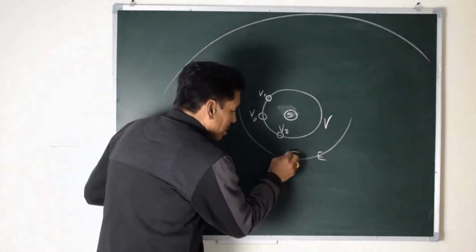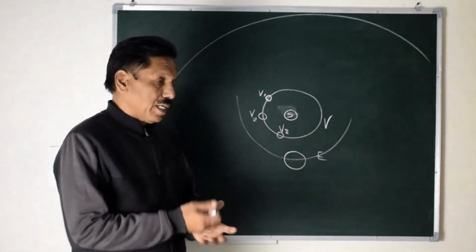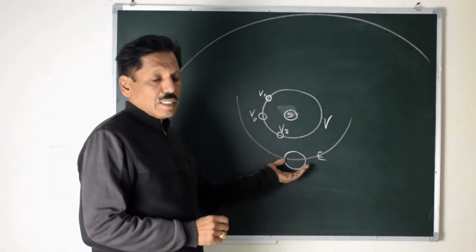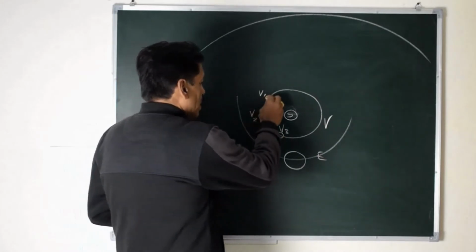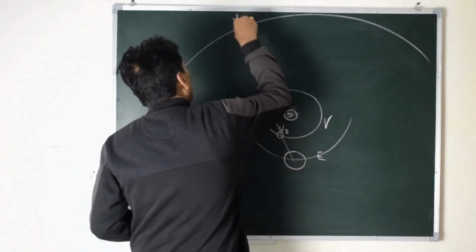Because Venus is an inferior planet, the orbital period of Venus is less than Earth's. For a small period of observation, let us assume that Earth is stationary here and only Venus is moving. While Venus is here at V1, its position on the celestial sphere will be over here.